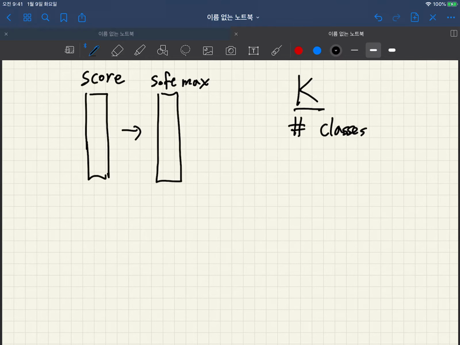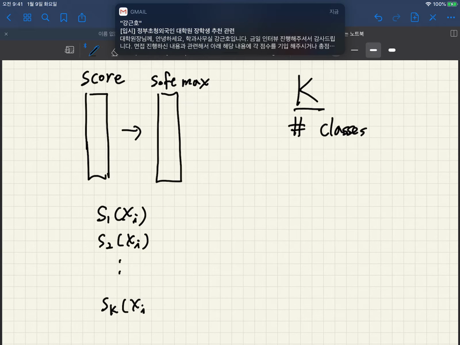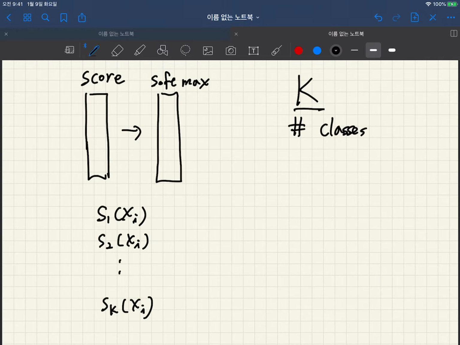For the score vector, I will use S1(xi), S2(xi), up to S capital K(xi) to denote the score of each class.